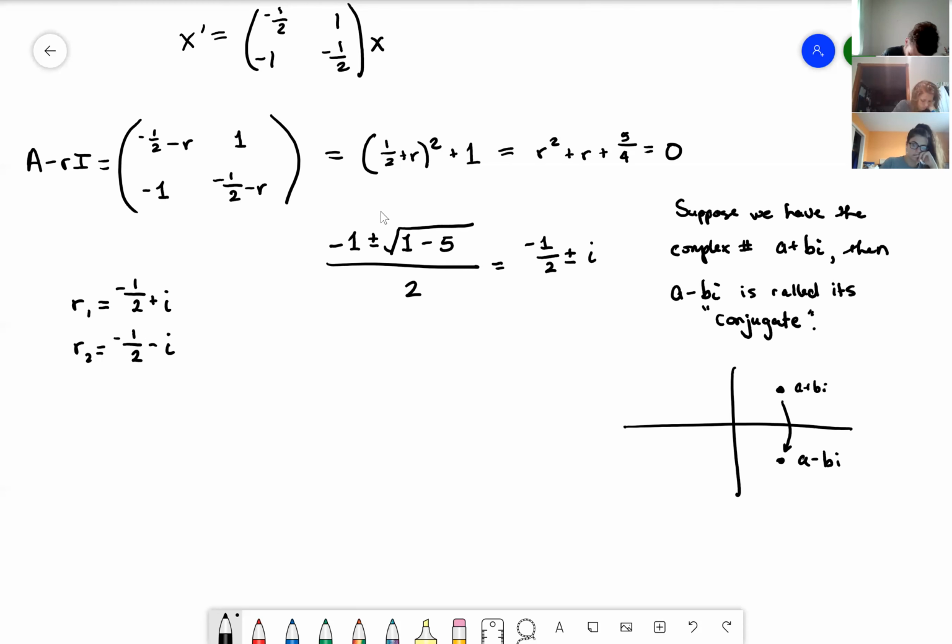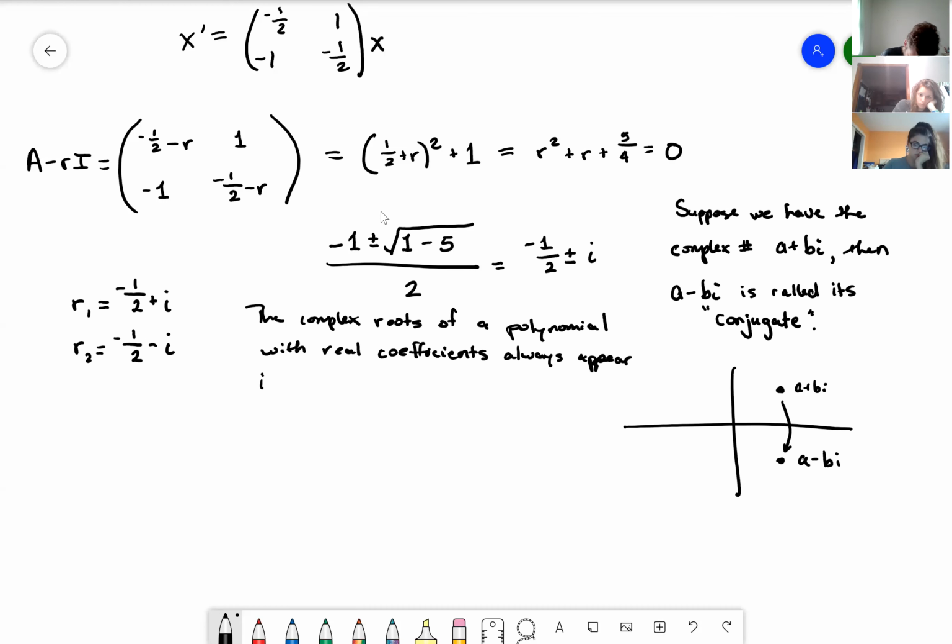Now, this is just a fact that you've probably seen before. The complex roots of a polynomial with real coefficients always appear in conjugate pairs.